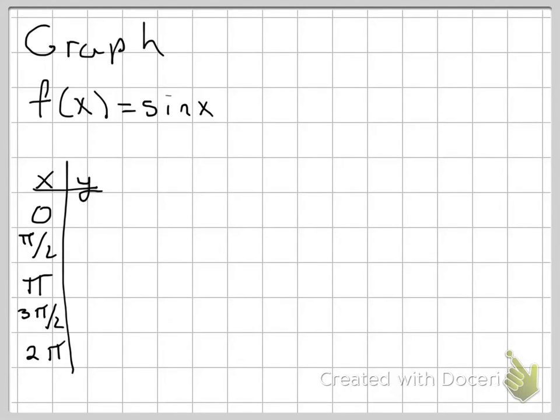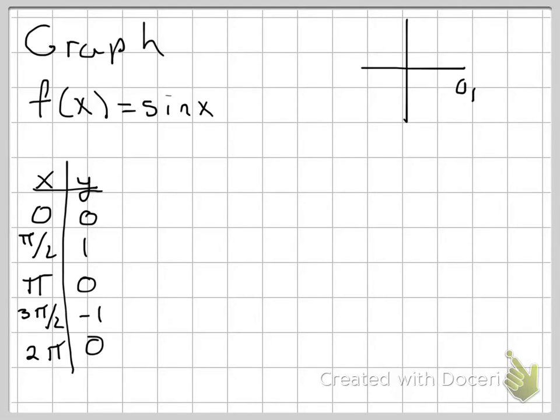These correspond to the east, north, west, and south poles. Those are the easy ones to do on the unit circle. You can certainly do some of the other nice angles too to get a better feel for the curve, but this is the 5-point method. And that corresponds to 0, 1, 0, negative 1, and 0, and that's always going to be the case for the sine. Of course, things are going to be shifted around, stretched, and that kind of jazz when we graph some other more interesting sine functions.